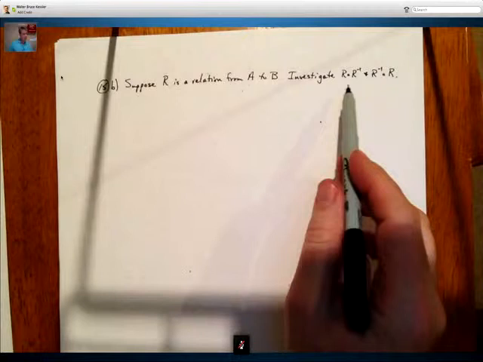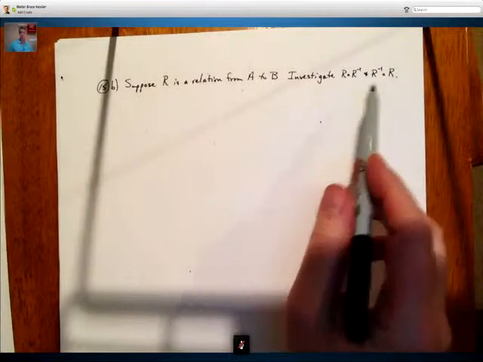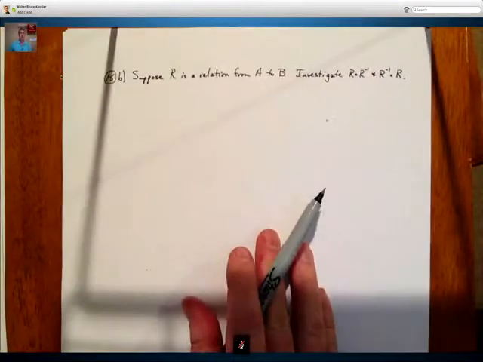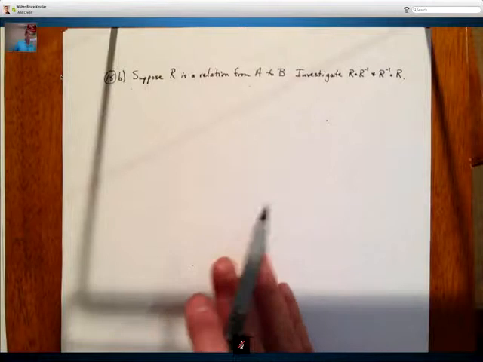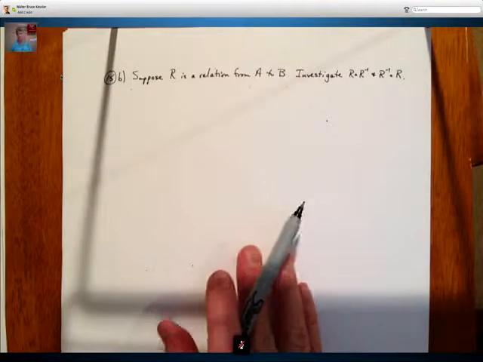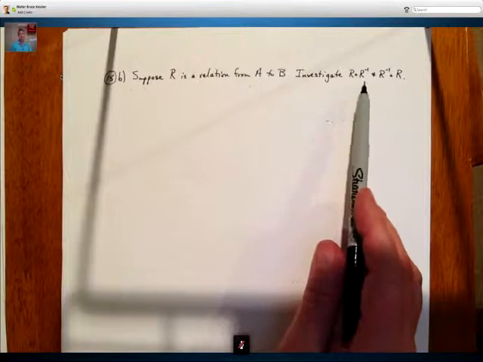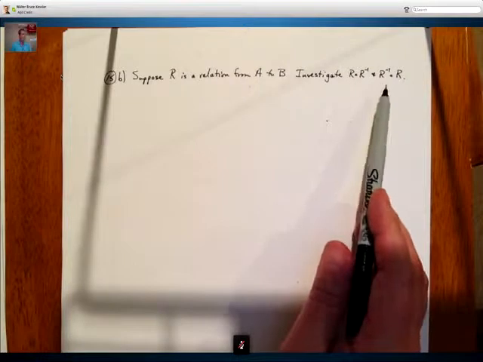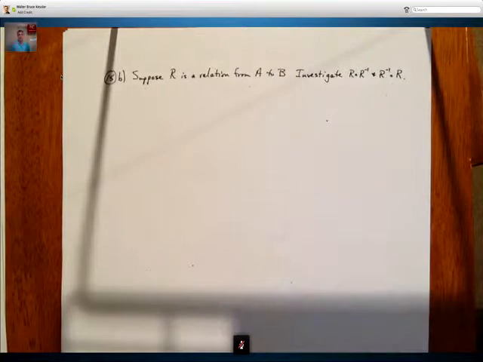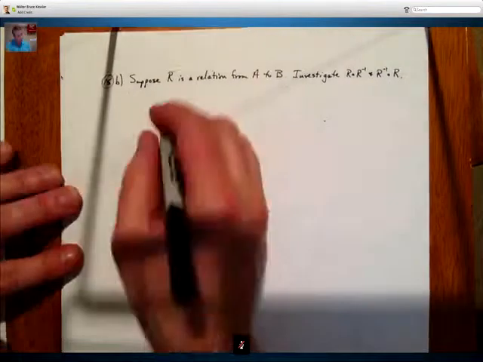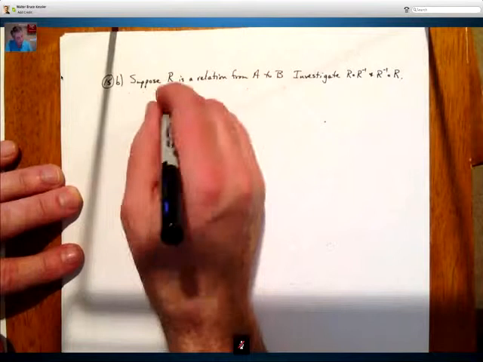And then B, it's an open-ended question. They don't actually ask us to necessarily describe what these are. I think they're just wanting us to figure out that it's not what you think it might be. Typically, when we do this in algebra, when we look at a function composed with its inverse and an inverse composed with its function, we get the identity, right?